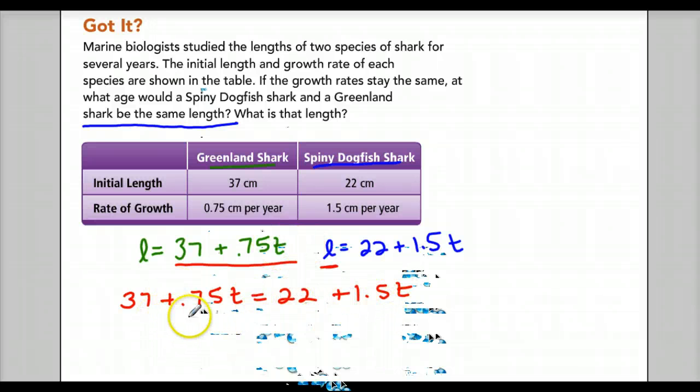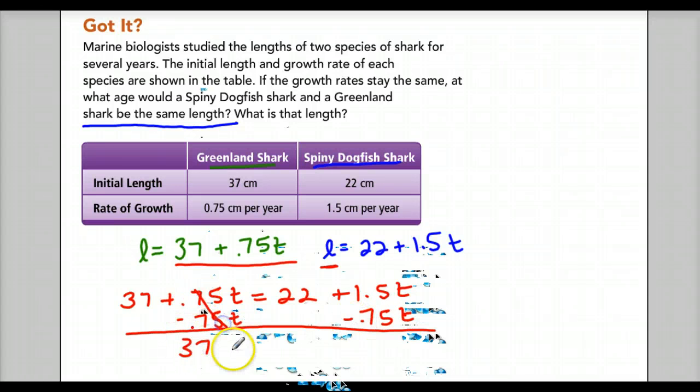So let's solve for t. We subtract 0.75t from both sides. And we get 37, because these cancel out, equals 22. And 1.5 minus 0.75 gives us a positive 0.75t.